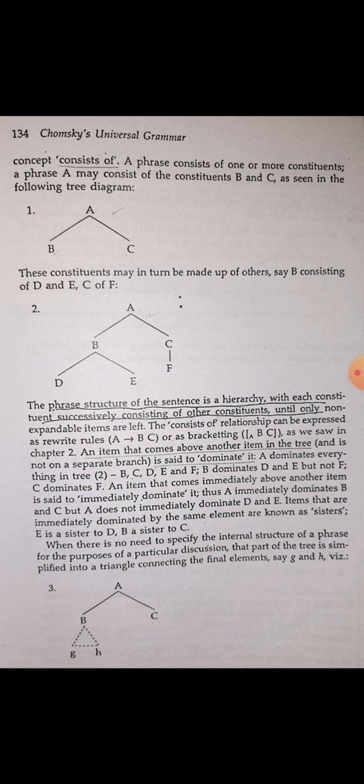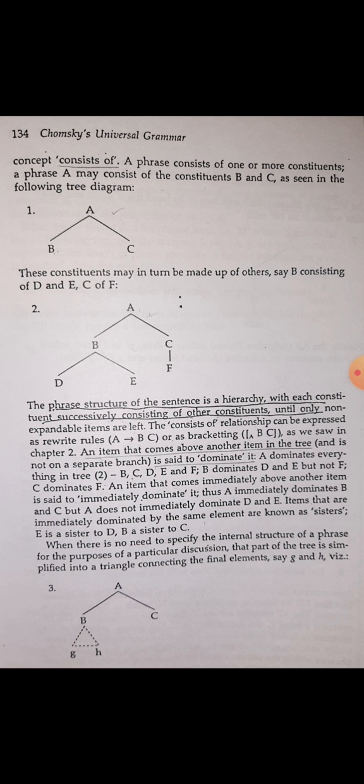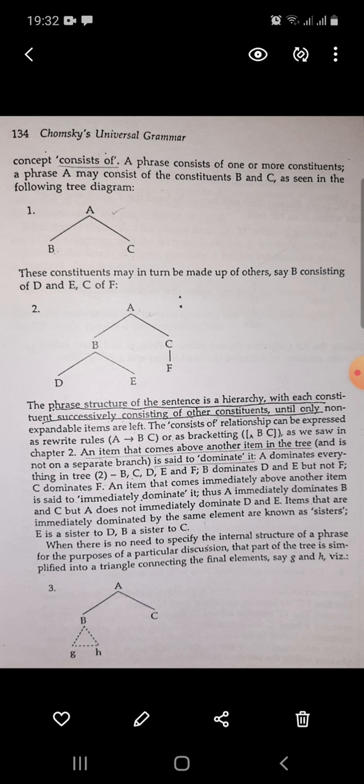The phrase structure in sentences is termed as a hierarchy by the writer of this book, with each constituent successively consisting of other constituents until only non-expandable items are left, right? So if we talk about the definition of a phoneme, you can understand well that phonemes join to make morphemes, and morphemes join to make words.